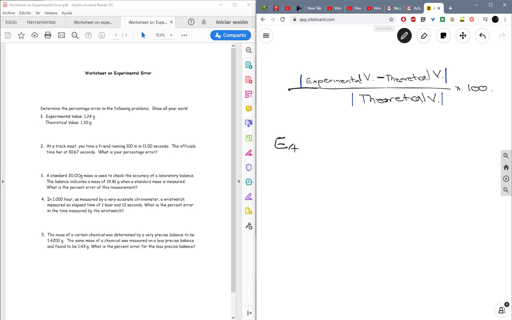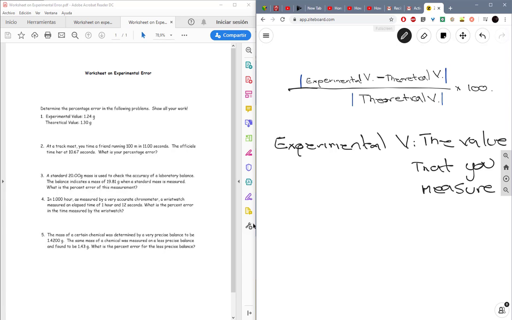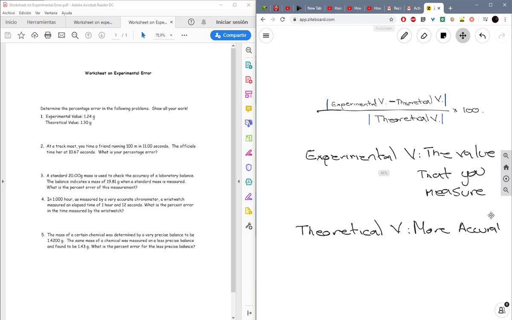The experimental value is the value that you measure, while the theoretical value is a value that you know to be more accurate, to be closer to the correct value than the other one. More accurate, more correct.